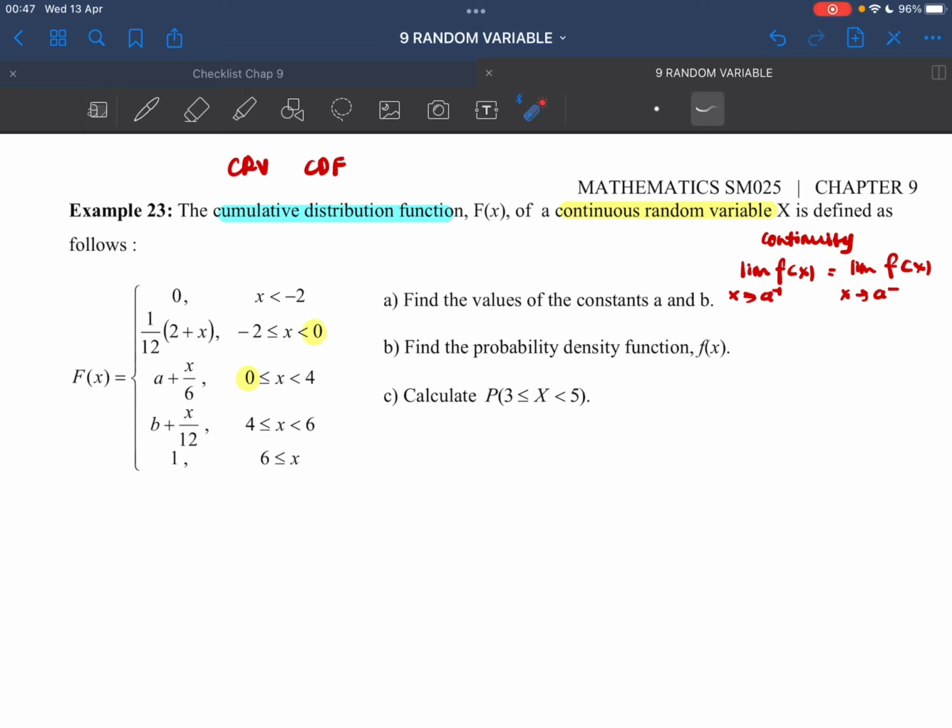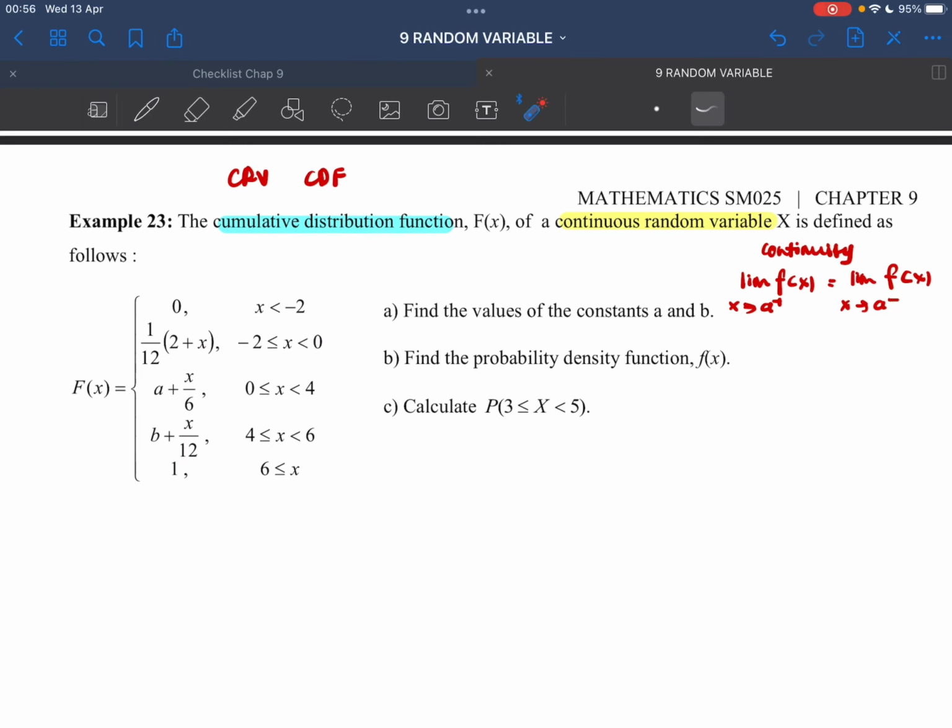So that means we can substitute 0 into this function and into this function, and the values will be equal.